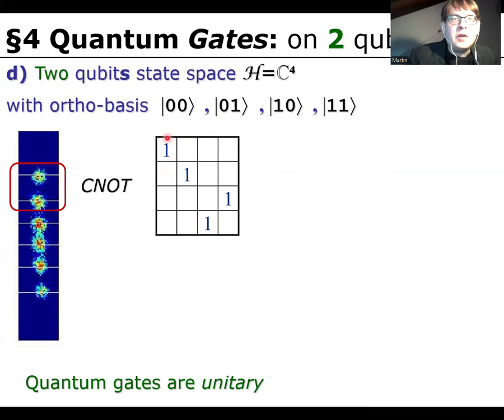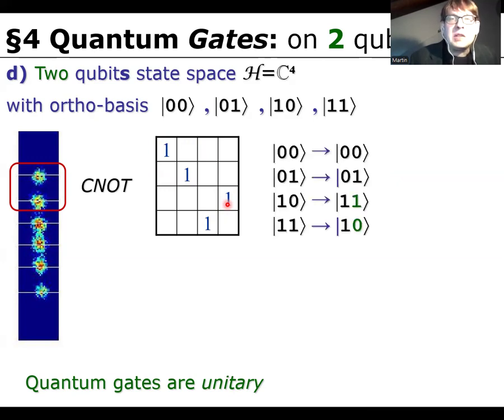If the first qubit is 0, then it's the identity matrix. If the first qubit is 1, then it's the logical negation matrix, the negation gate that we saw last time. And we can confirm that by seeing how this matrix acts on the 4 basis vectors. And indeed, when the first bit is 1, then it flips, changes 0 and 1.